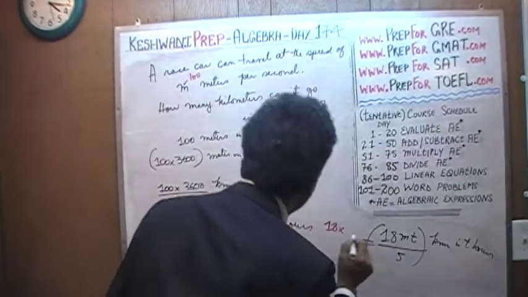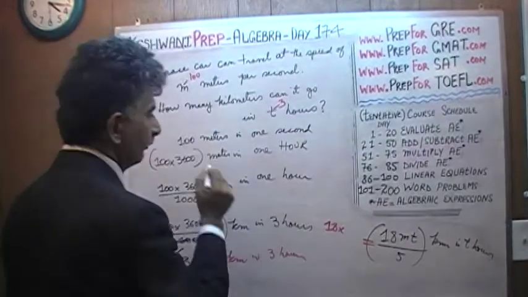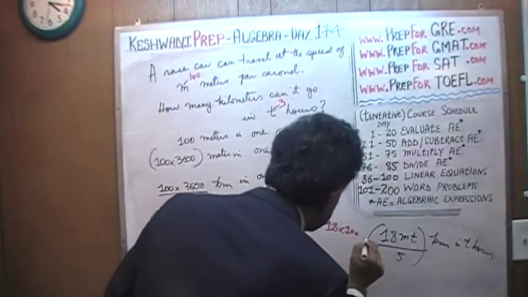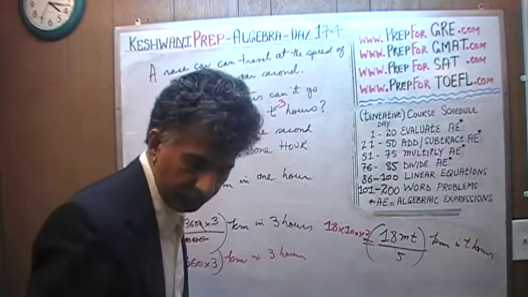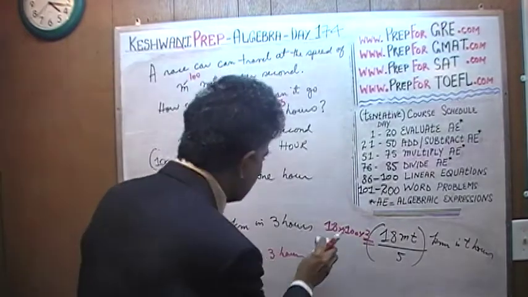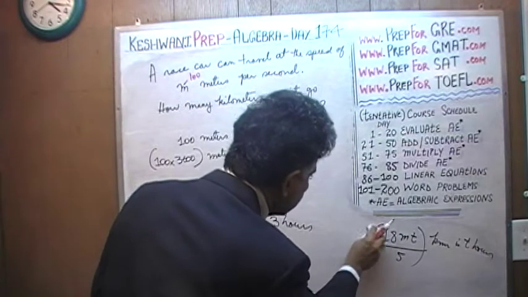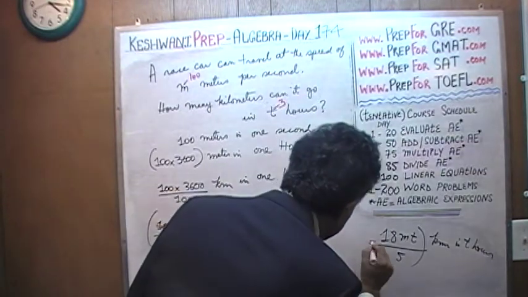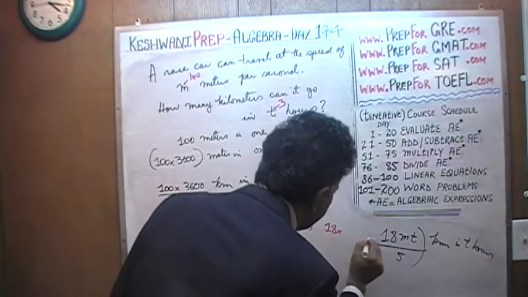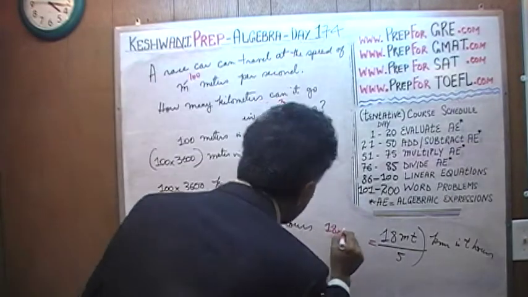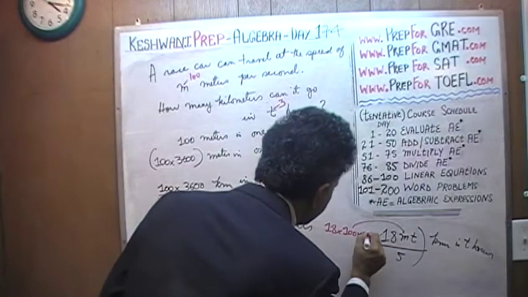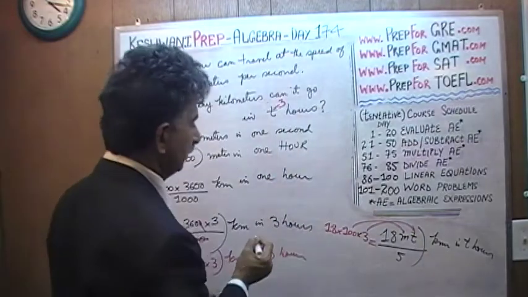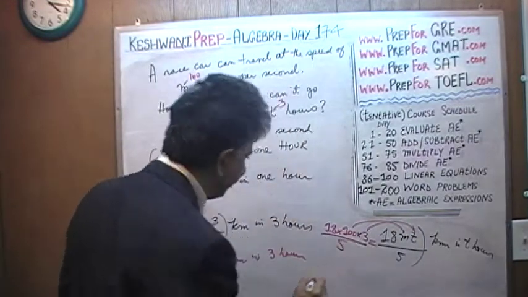18 times m, which was 100, times t, which is 3. This is getting too crowded. Times m, which is 100. This is your m, times 3, which is our t, over 5.